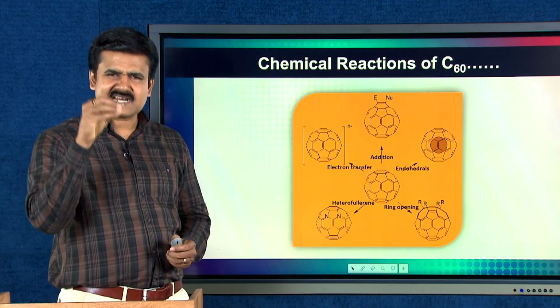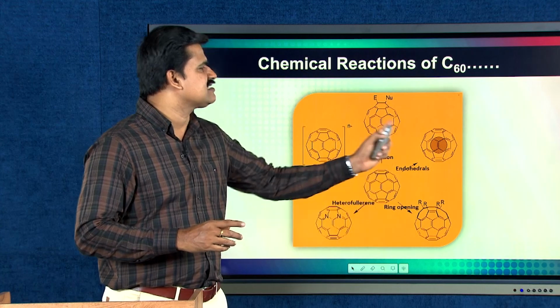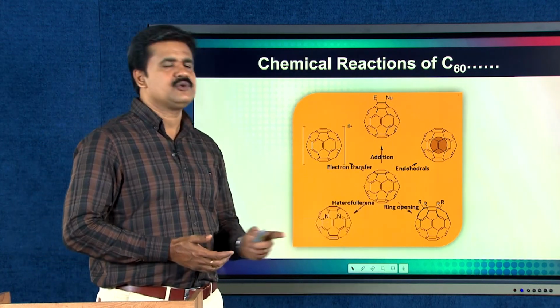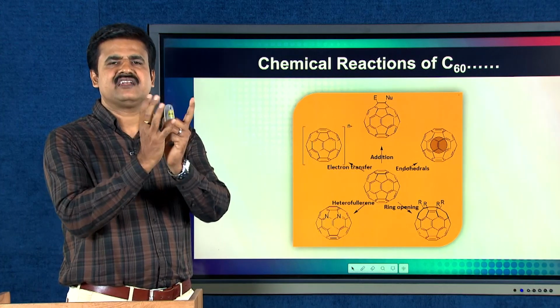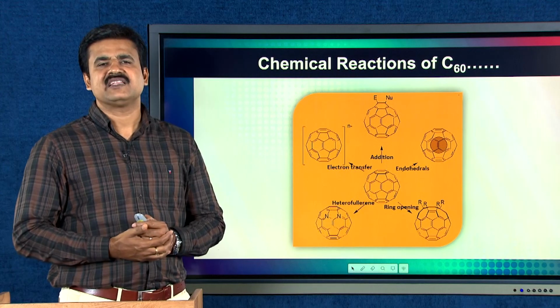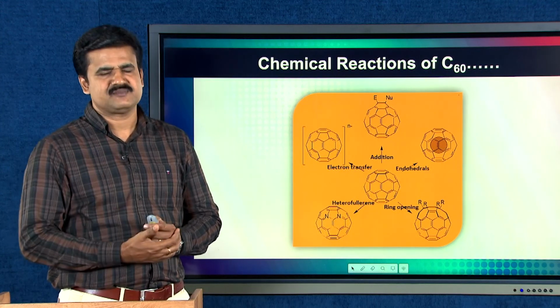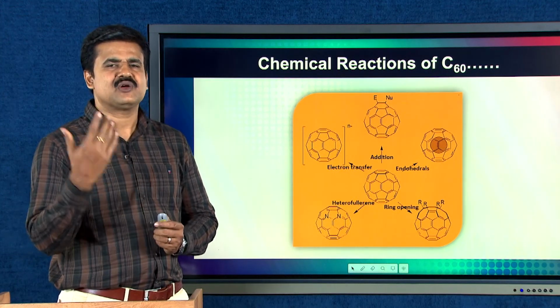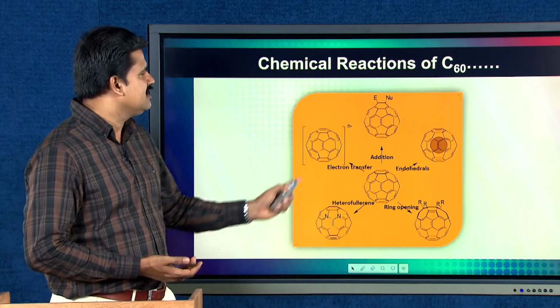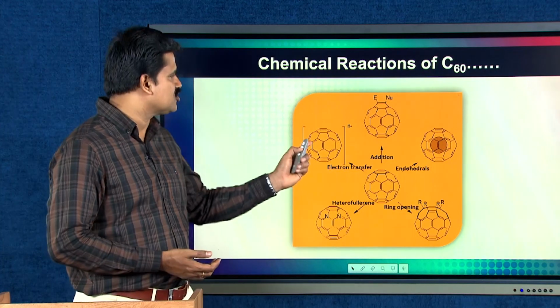Some atoms are trapped in the cavity, that is the generation of the endohedrals. Ring opening reaction, here you can see some bonds are broken and the ring is opened. And heterofullerenes are formed by the replacement of some carbon atoms of the fullerene by heteroatoms like nitrogen, boron, etc. This is a heterofullerene.